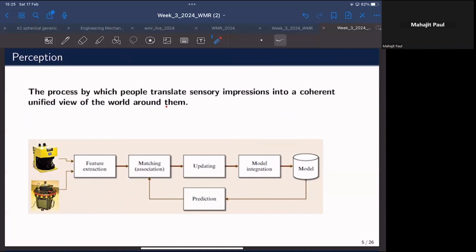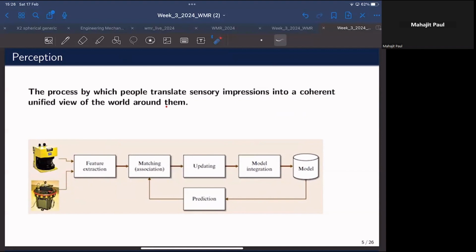For example, if the robot is already programmed to look for certain features at a specific instant, it compares those features, already provided to the robot, with what is incoming from the sensors. If it is seeing what it is supposed to see, it will update that it is going along the right path.